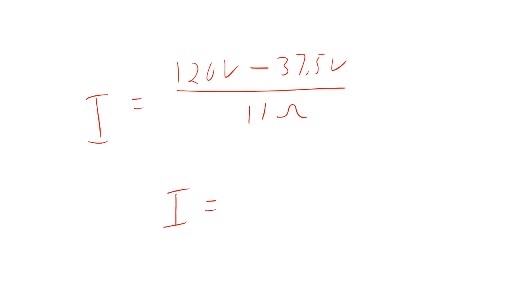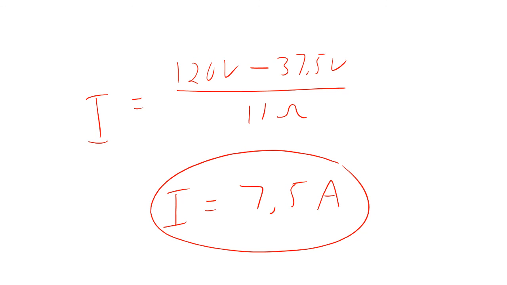So that'll be about 7.5 amps. Okay, so that's going at half speed. Okay, and so this is just another application of these coils spinning in a magnetic field.